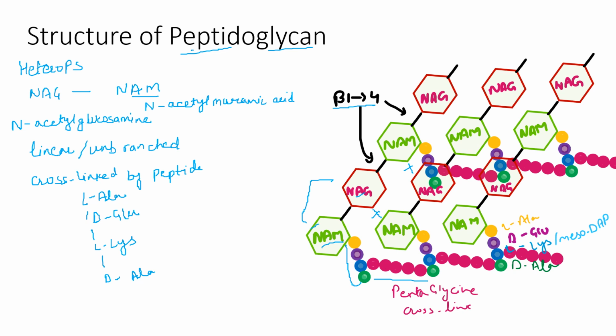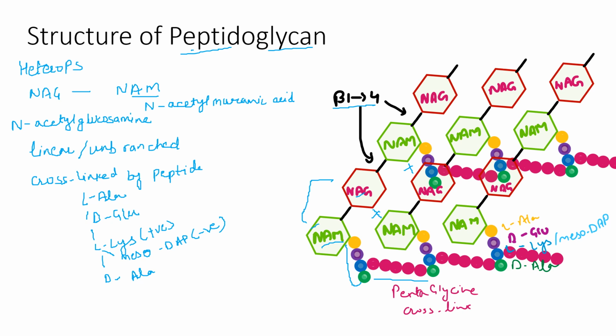In the case of gram-positive bacteria, the third amino acid is L-lysine, whereas in the case of gram-negative bacteria, it is meso-diaminopimelic acid.